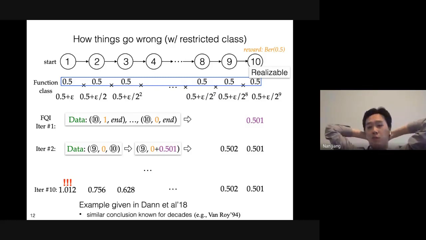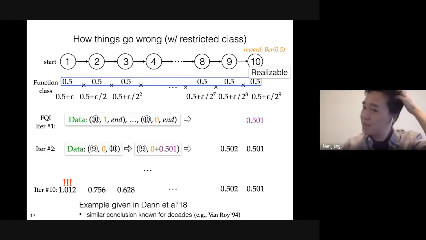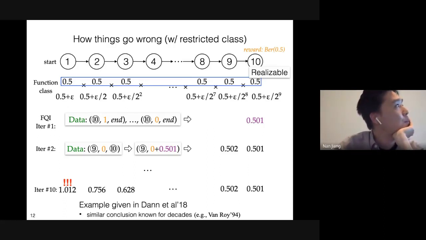I don't think we have a... It might be. We don't have results for that. It might be, although I don't know. I don't know. Yeah. Well, but I think it's unlikely.